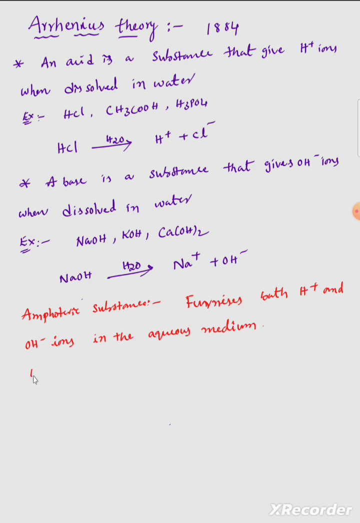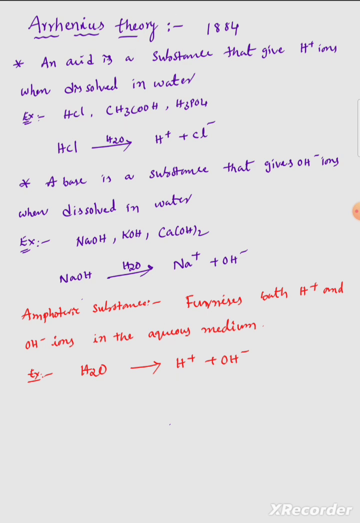For example, water produces both H plus and OH minus ions. Water exists in the form of H plus and OH minus ions.